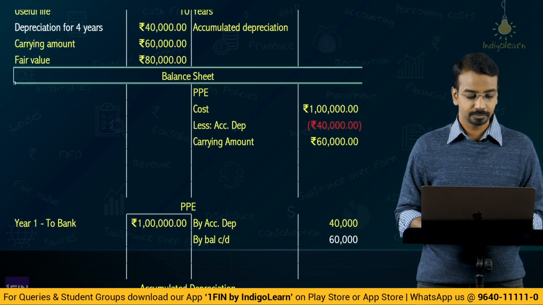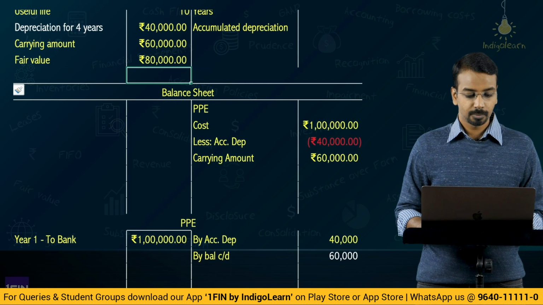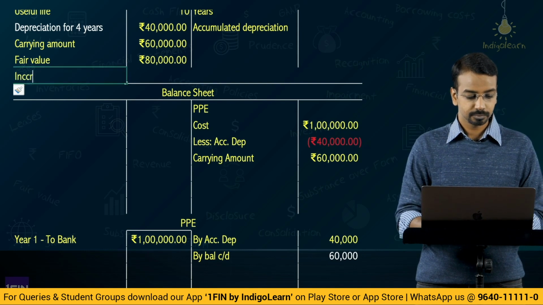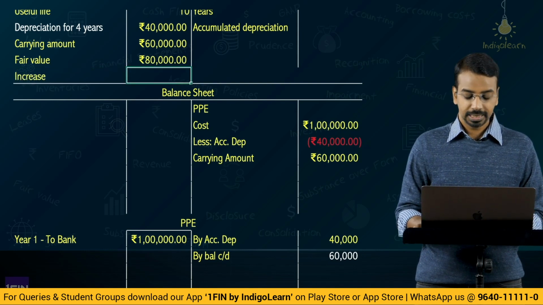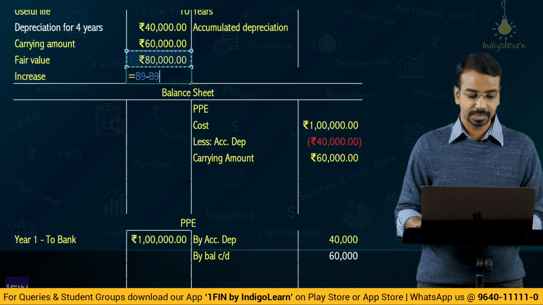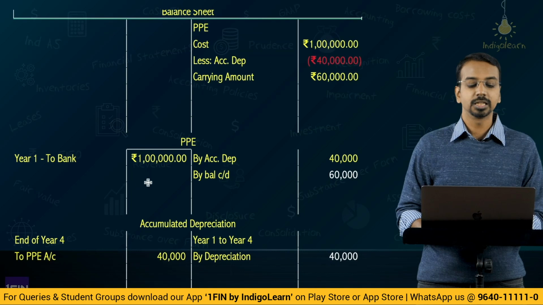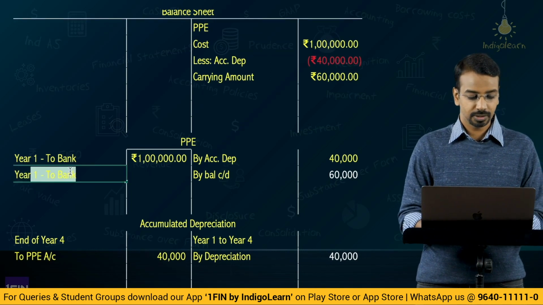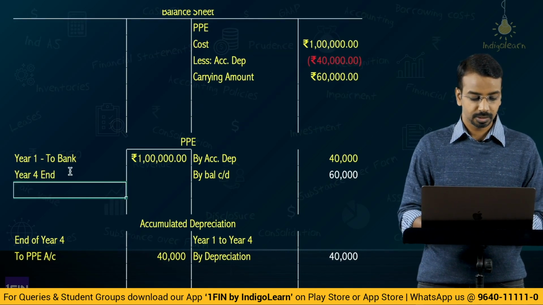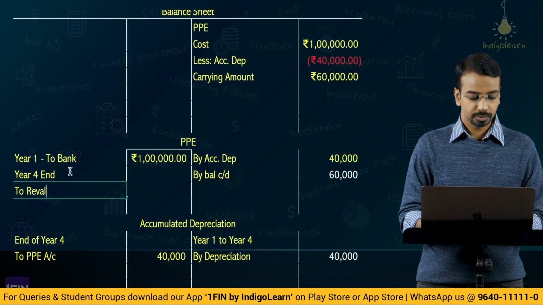What is the increase? Increase is 80,000 minus 60,000, 20,000 is the increase. So, in this PPE account, end of year 4, you say to revaluation surplus.